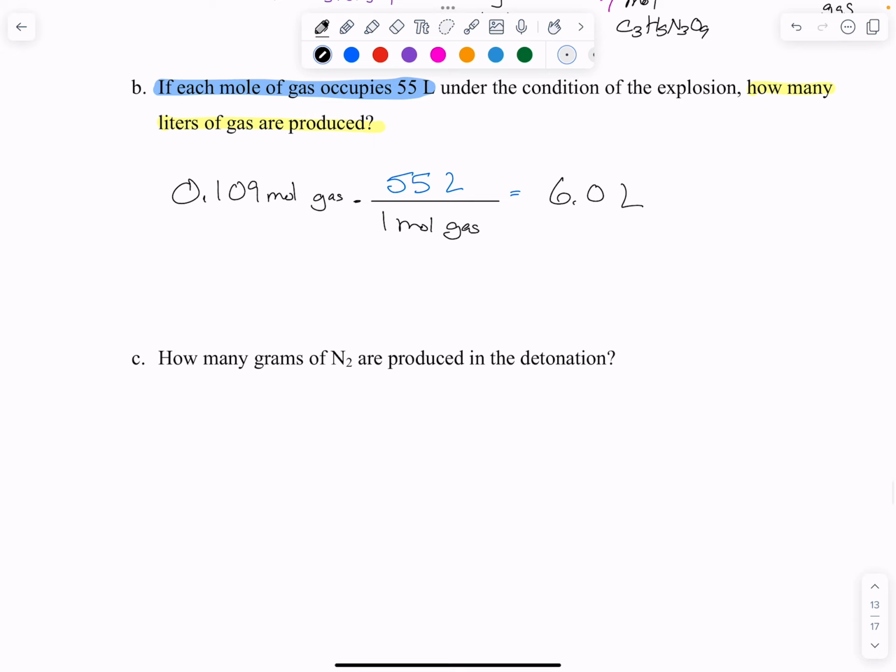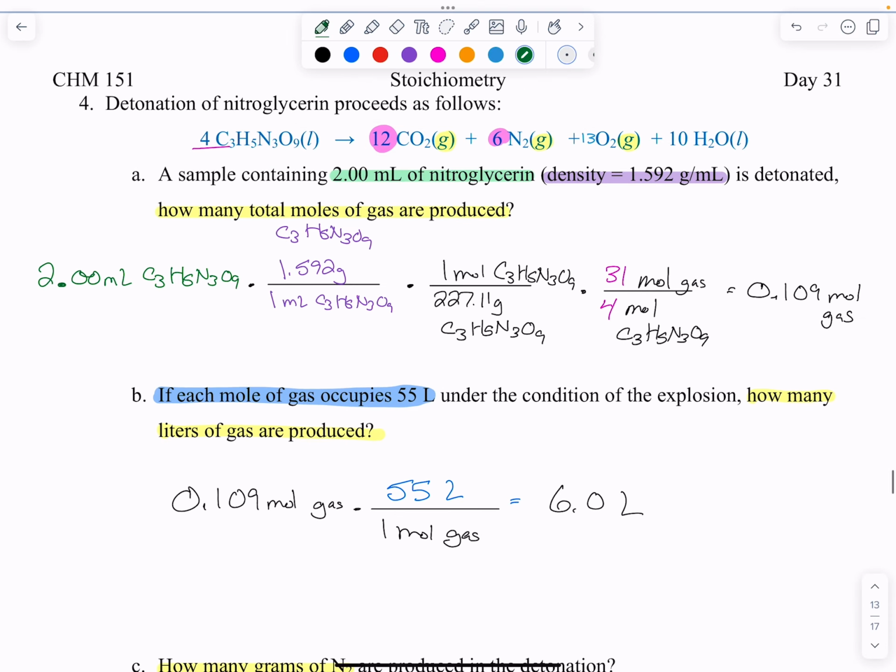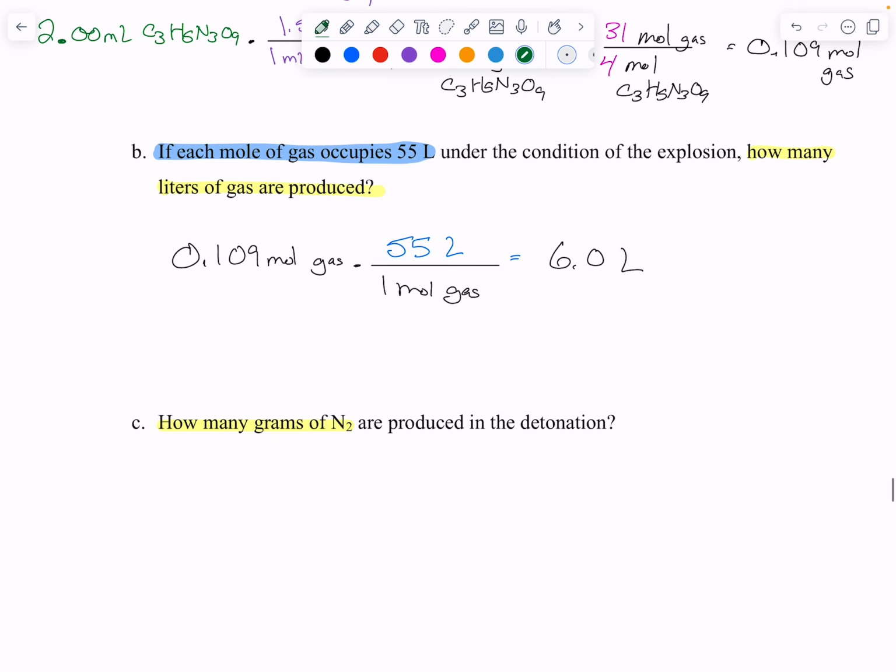How many grams of N2 are produced in this detonation? Ooh. So how many grams of N2? So I'm still going to start with my 2 milliliters. It's going to look exactly the same up top. We're going to have 2.00 milliliters of C3H5N3O9.